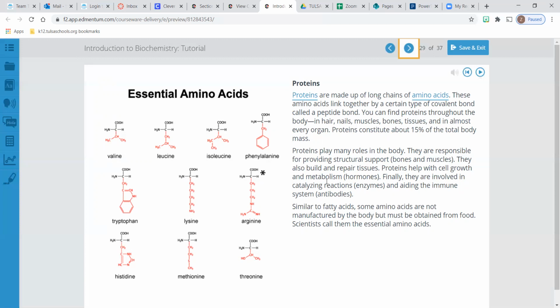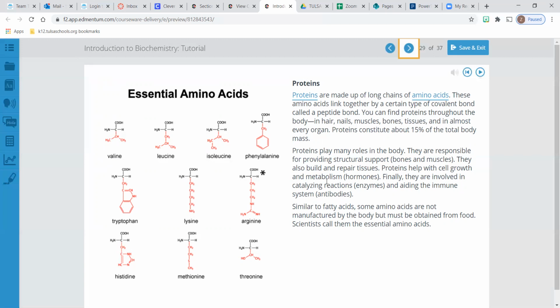And these proteins are found all throughout your body, in your hair, your nails, your muscles, bones, tissues. Almost every organ has proteins. They constitute about 15% of your total body mass, actually.